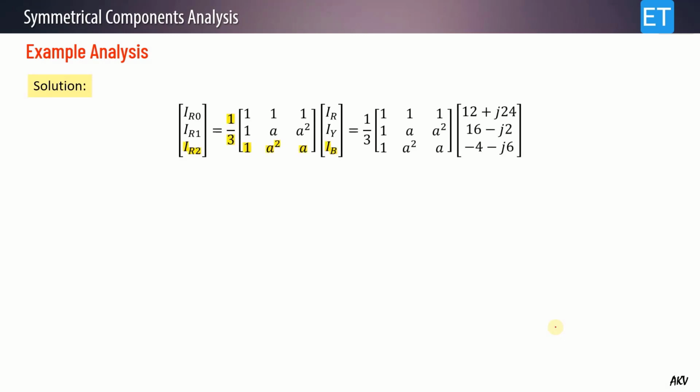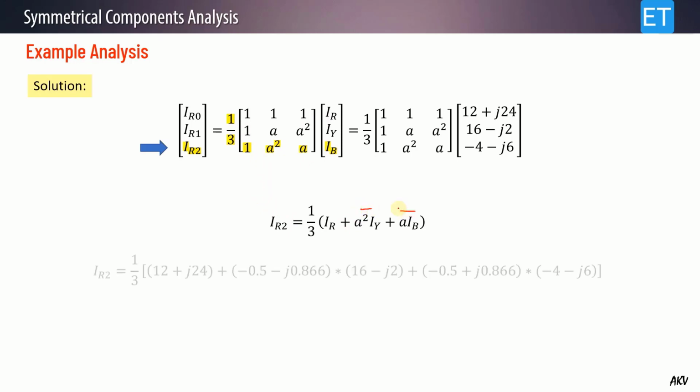Now the third component is remaining, corresponding to the last row, the third row. Here you can see that IR2 is simply 1 upon 3 times IR plus A square IY plus A IB. Simply substituting all the values: this is IR, this is A square, this is IY, this is A, and this is IB.